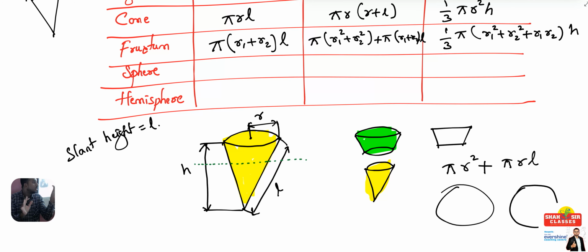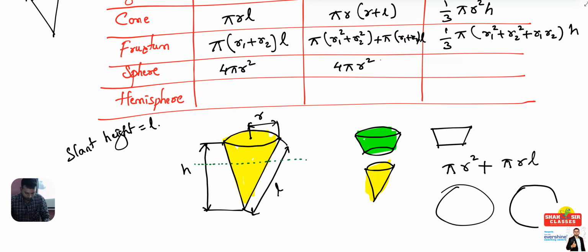Globe, ball, tennis ball. You find any part, it's completely one surface. We don't have two surfaces, three surfaces. We have only one surface. So if they ask you surface area or total surface area of a sphere, the formula is 4 pi r square. 4 pi r square.